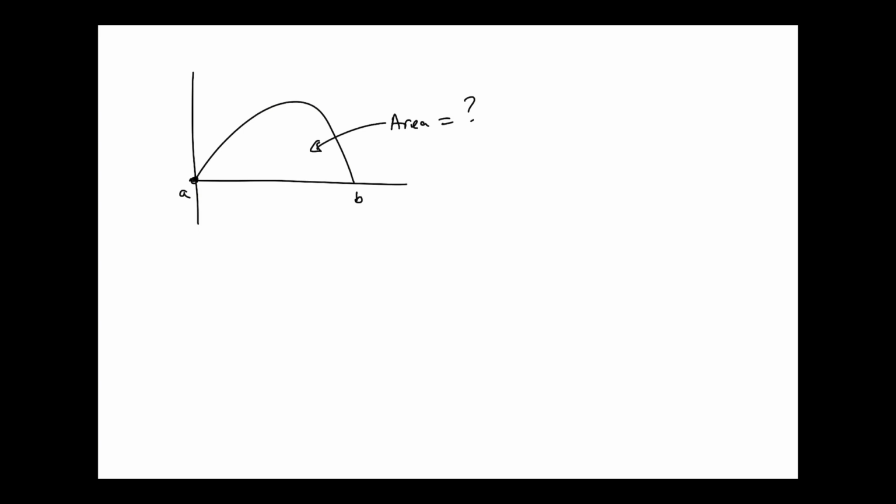So the first thing that we're going to do is make a notation for what this question that we're asking is. And we're going to notate it like this. If we have some function here, let's just say it's f of x, then I've got this S thing that we've used before when we talked about antiderivatives.